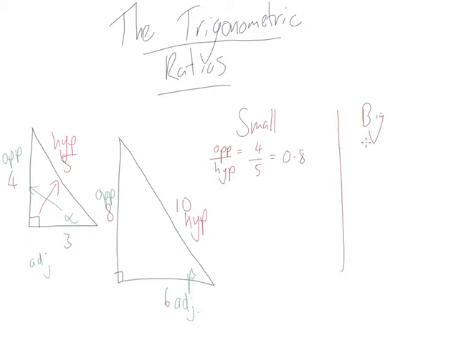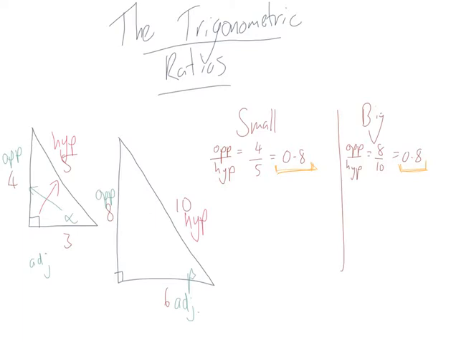If I look at my big triangle, again, opposite over hypotenuse, that's going to be 8 on 10, which is 0.8. And it's no coincidence that these two are the same. They're similar triangles, the angles are the same, so alpha and beta would be the same.